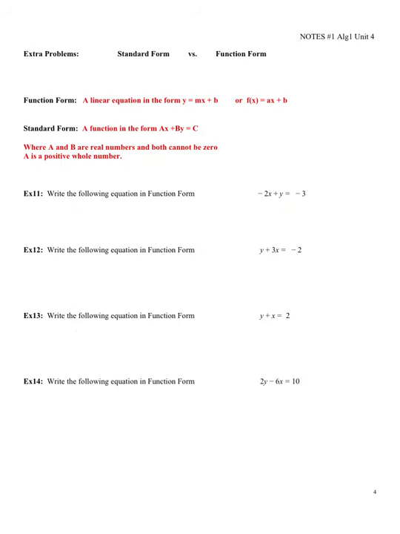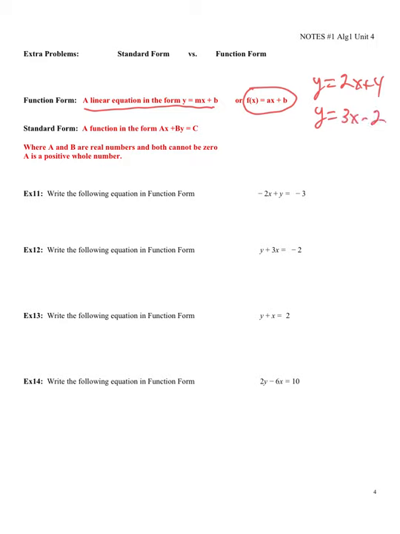Okay, now we're going to move on to some new terminology, all right? When we put an equation as y equals, it's called function form. A function form is a linear equation in the form y equals mx plus b. Or you'll get more technical in a little bit, and it will be f of x equals ax plus b. And if you think about all the systems that we did above, everything is written so y is on its own on one side, all right?